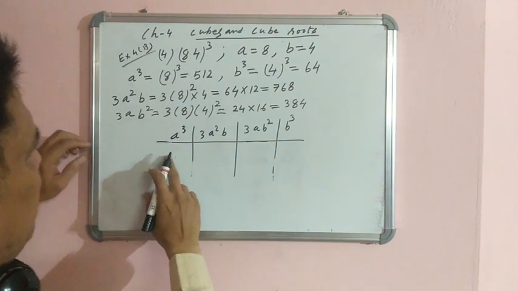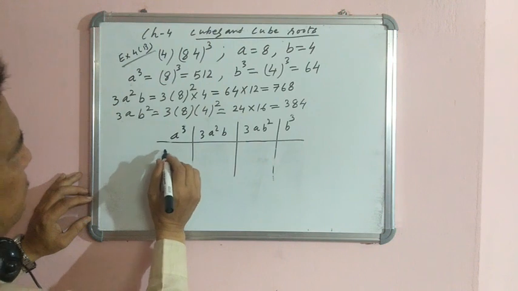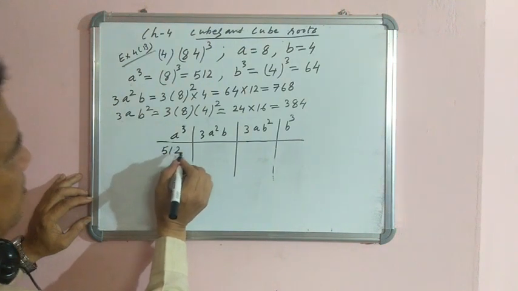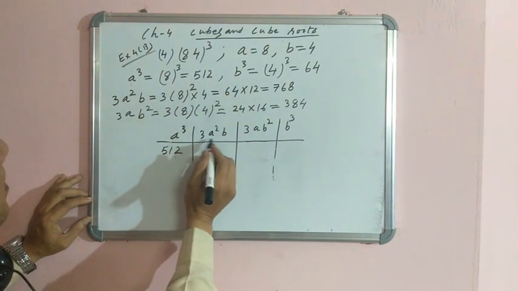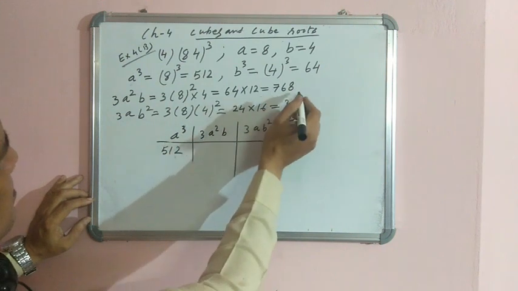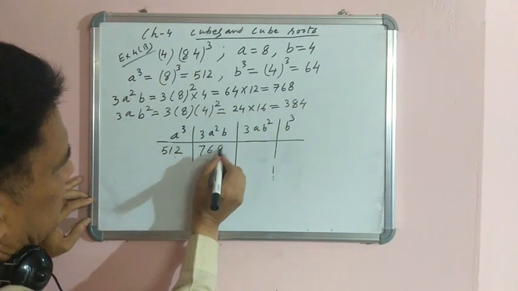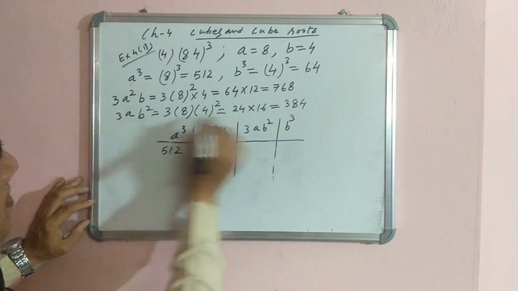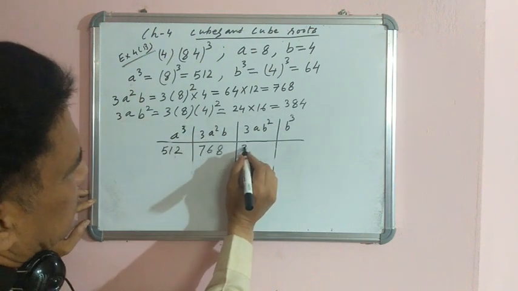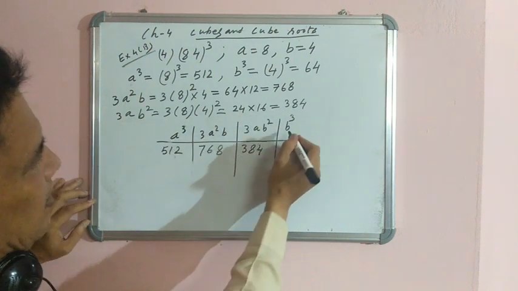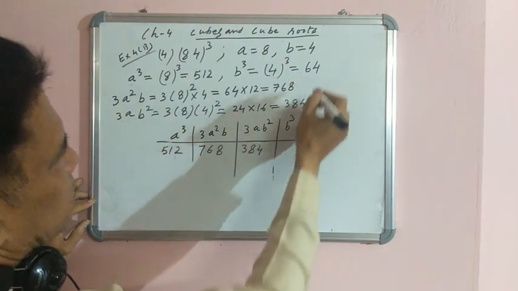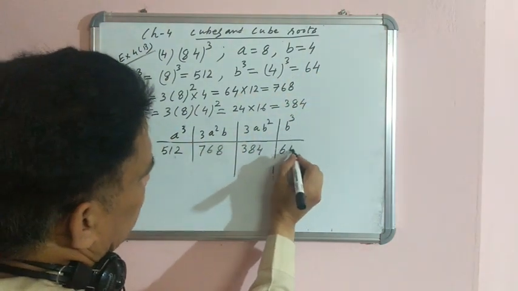The value of a cube is 512, and 3a square b, that is 768. 3ab square, that is 384. Value of b cube, that is 4 cube, that is 64.